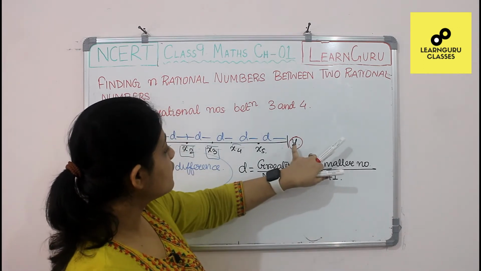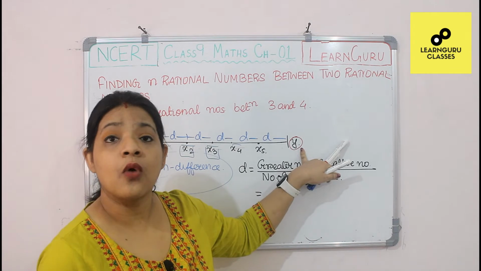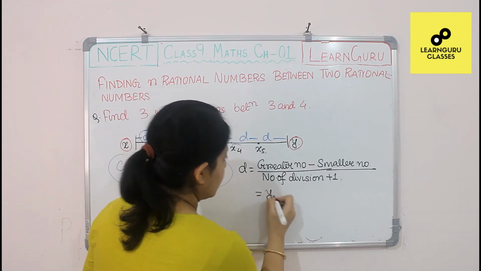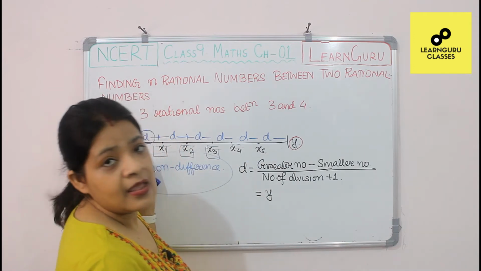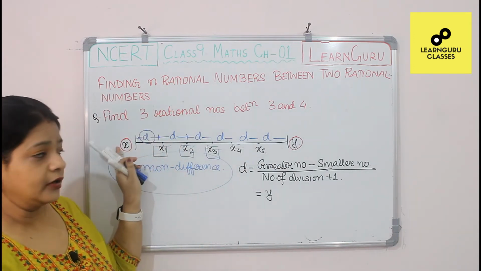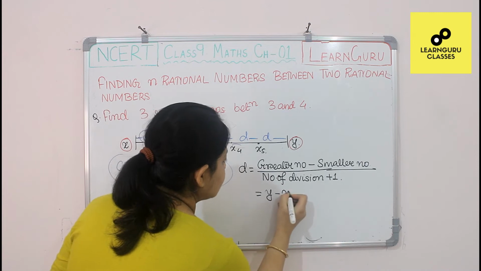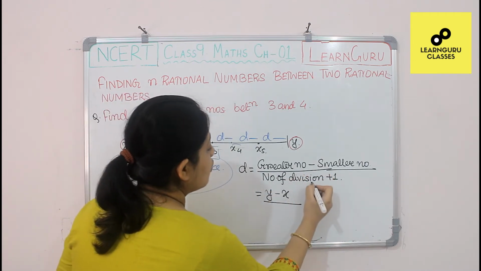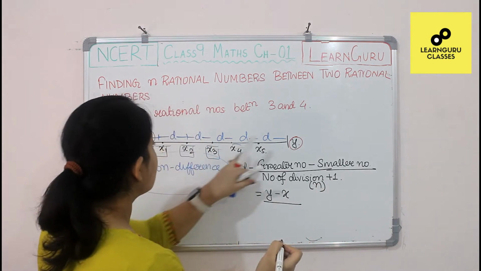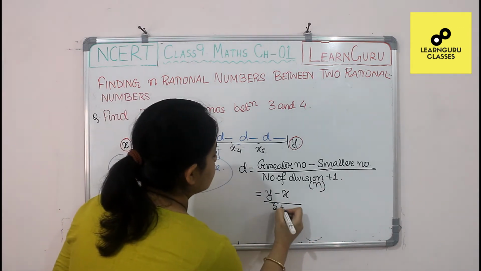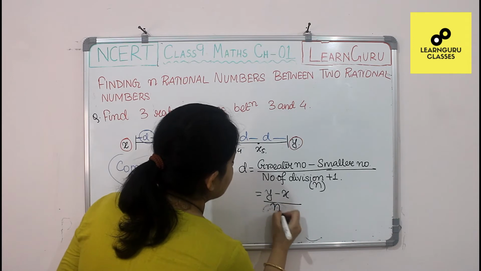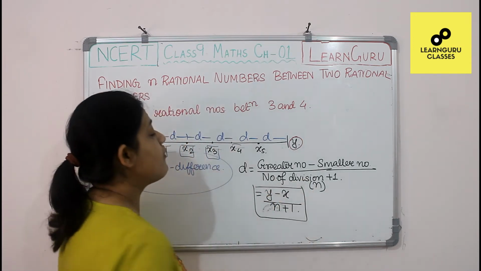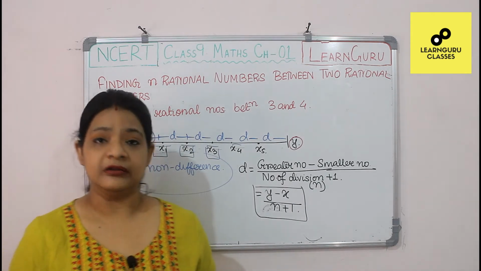In this case, which one is the greater number? y is the greater number, and x is the smaller number, so y minus x. The number of divisions we generally denote by n. Here it is 5, so 5 plus 1, or generalized, n plus 1. So this is the formula for finding the common difference.